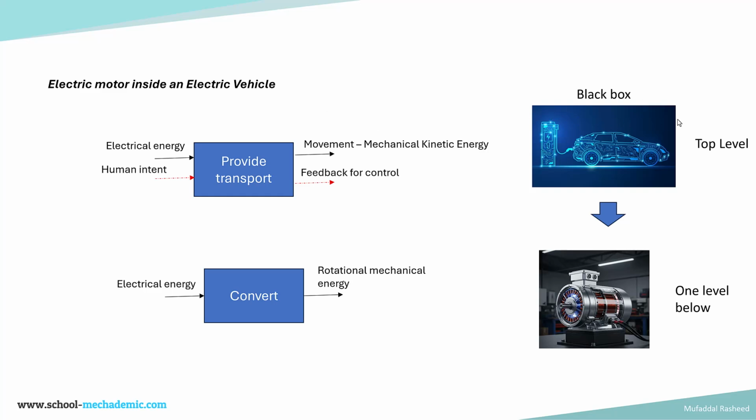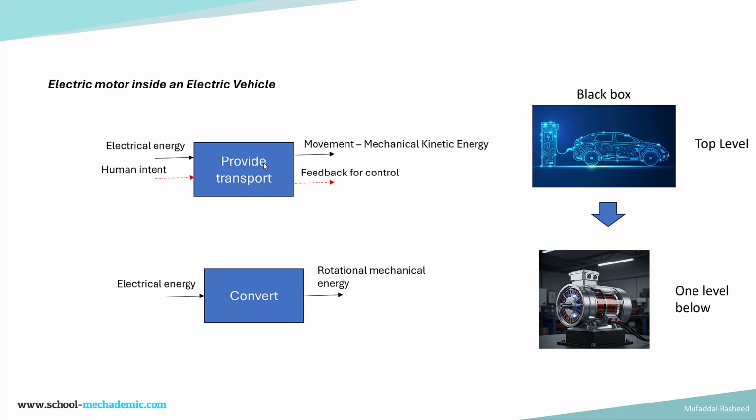If you have an electric vehicle, the electric vehicle has multiple systems, and it is basically providing the function of transporting people from point A to point B. That's the most fundamental function which a vehicle performs. To perform that function, it requires electrical energy, and of course it requires human intent to actually drive the vehicle.